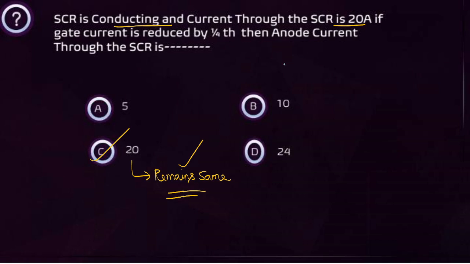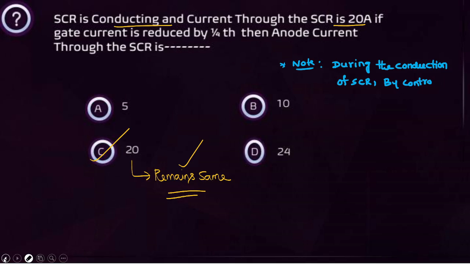That means during the conduction of SCR, by controlling the gate, we cannot control the anode current.